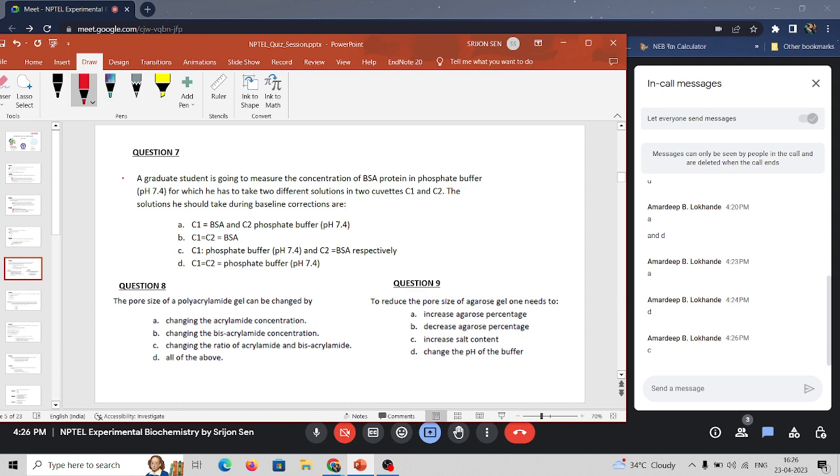You are measuring the concentration of BSA in phosphate buffer. So two different cuvettes have been chosen over here, C1 and C2. For measuring, the cuvette 1 or cuvette 2 does not matter. The solution matters over here. So you will be measuring the concentration of your protein, and your protein is in phosphate buffer.